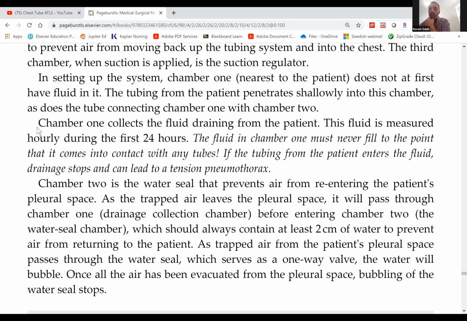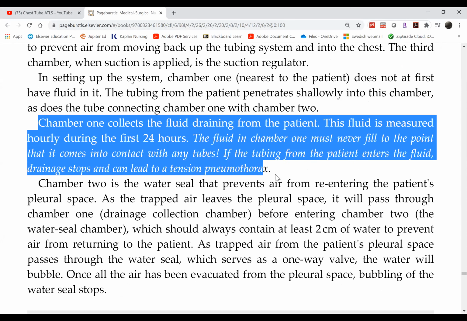Okay, so we know chamber 1 collects fluid from the patient. Warning here, it must never fill to the point that it comes in contact with any tube, because once it comes in contact, that would stop drainage. So because your box is full, it needs to be changed before it reaches that point.